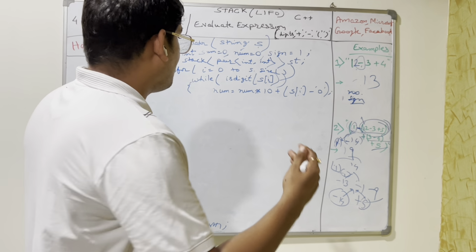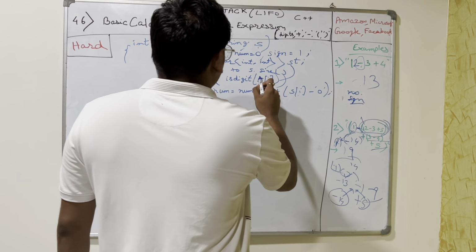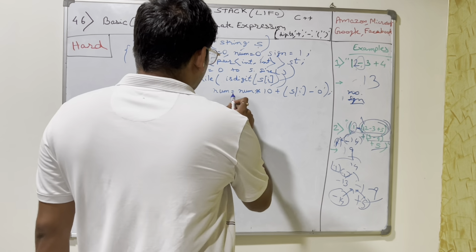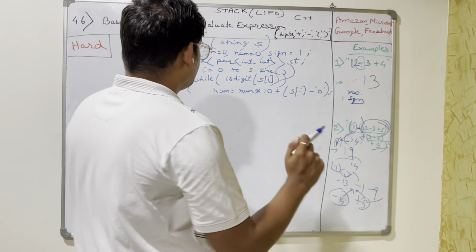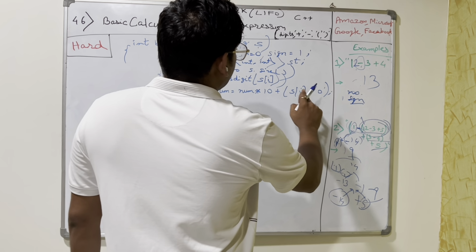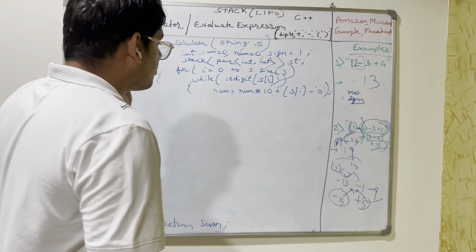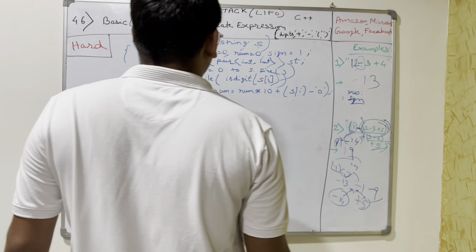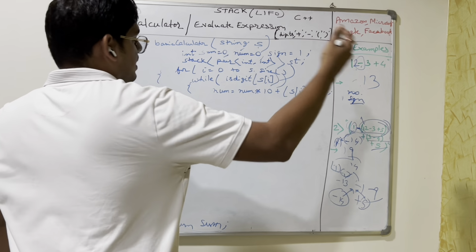Okay. Now again we get the next character as 2. 2 is also a digit. Then what will happen? num's value was 1. So now num will become 1 into 10 plus 2 minus 0, 12. Okay. So in this way we will get the value of num, right? So if suppose 123 was there, so 12 into 10 plus this.